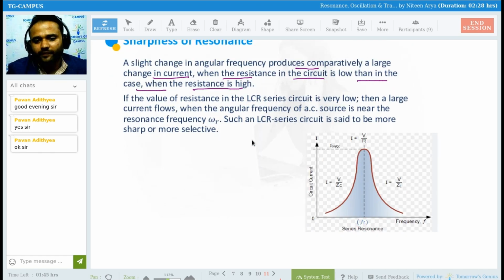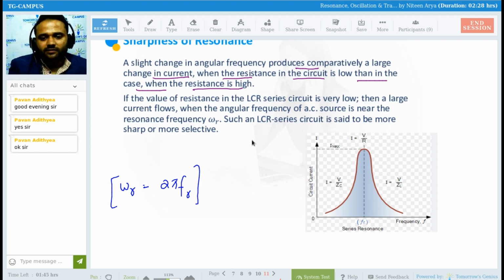A slight change in angular frequency, this is your angular frequency. You can also write it as omega R equals 2 pi FR. At resonance, a slight change in current occurs when the resistance in the circuit is low, compared with the case when the resistance in the circuit is high. So current is going to change very slightly whenever you change the value a little bit.